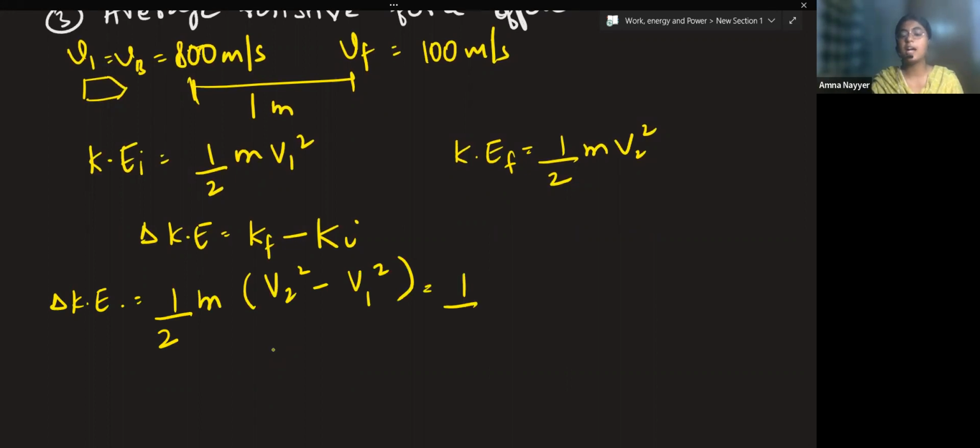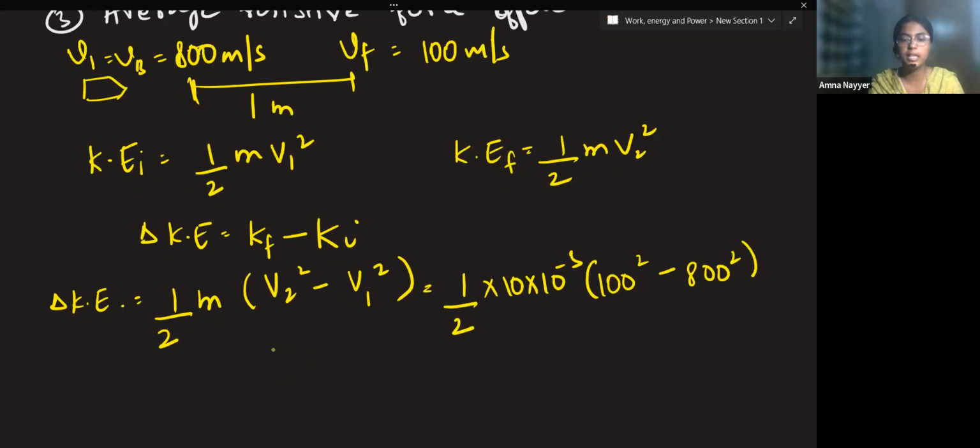Mass is given as 10 grams, so we have to write it in kgs. We'll write it as 10 into 10 to the power minus 3 kg. V2 we have as 100, so that is square of 100, minus square of 800.